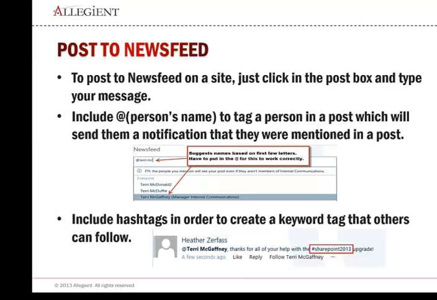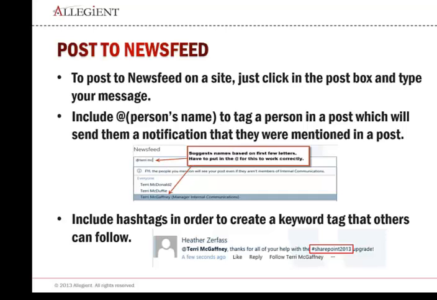Posting to a news feed. Just like on Facebook, you click on the post box and you type your message. You can include the @ symbol and type in someone's name, so it will tag that person in the post, which then sends them a notification that they were mentioned in the post.